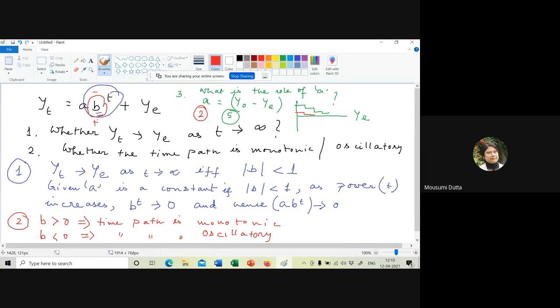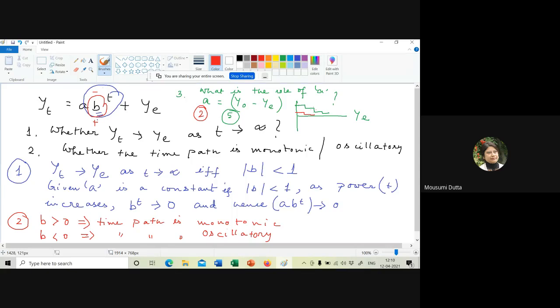Higher the value, the distance between YE and the starting point will be higher. Lower the value, the gap between Yt and YE will be lower. So in that sense, it is not disturbing the basic nature of the time path.